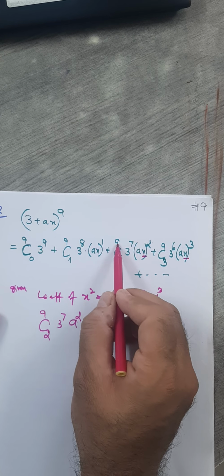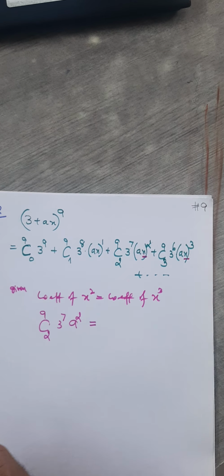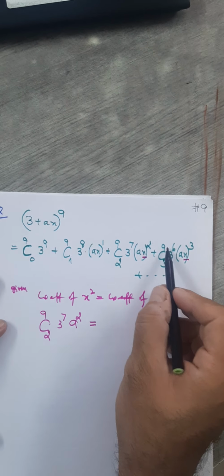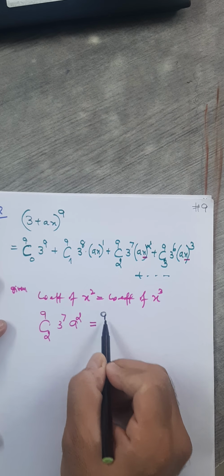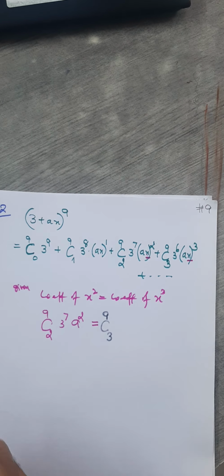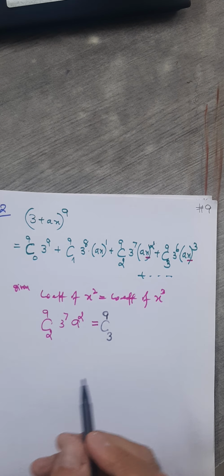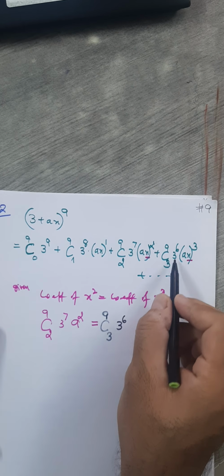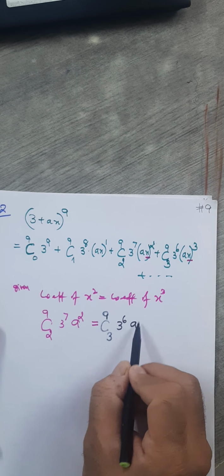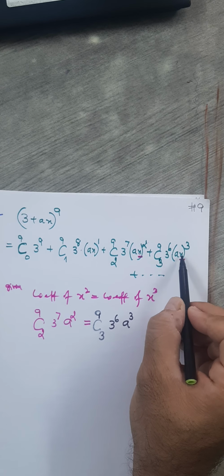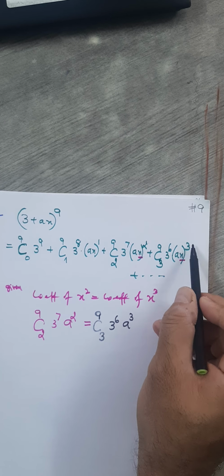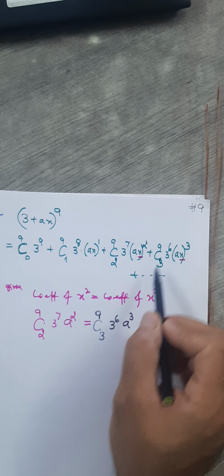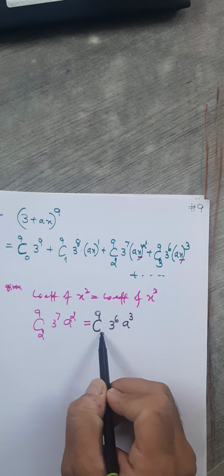So a squared 3 raised to 7, 9c2 equals, on the other side, 9c3, 3 raised to 6 and a cube, the constant with the x cube.